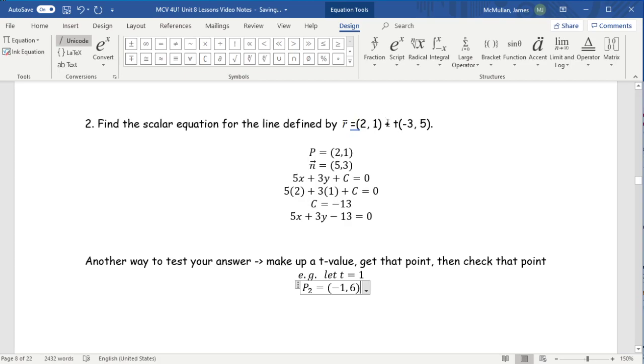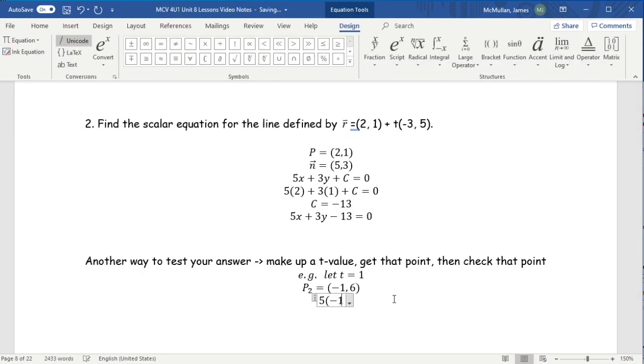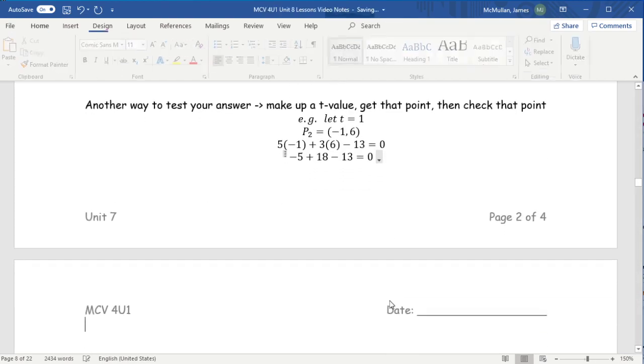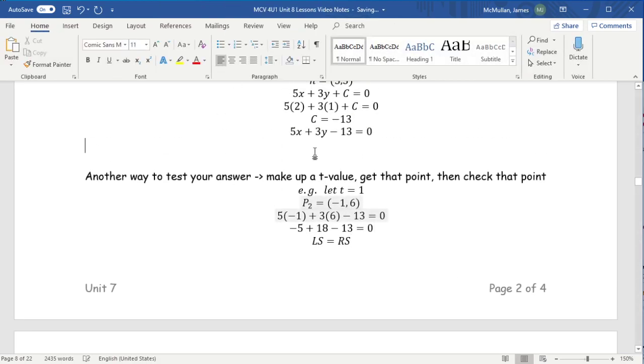Because you have 2 plus 1 times -3 is -1, and then 1 plus 1 times 5 is 6. And you just check that point in the answer. 5 times -1 plus 3 times 6 minus 13 equals 0. -5 plus 18 minus 13 equals 0. LS equals RS. So we know that point is on the line, so we're good.